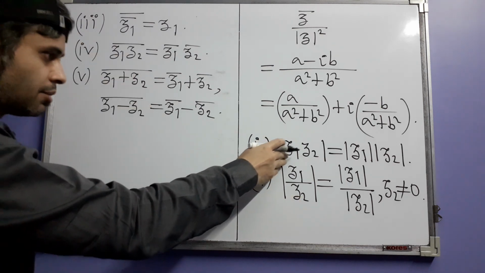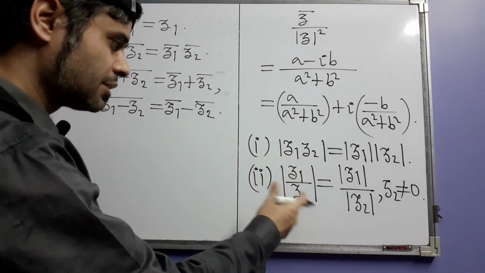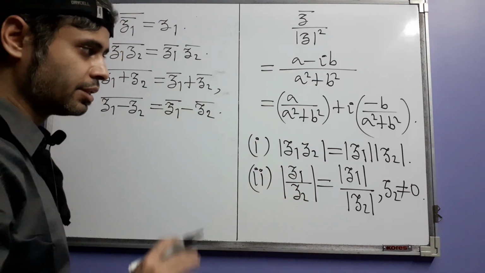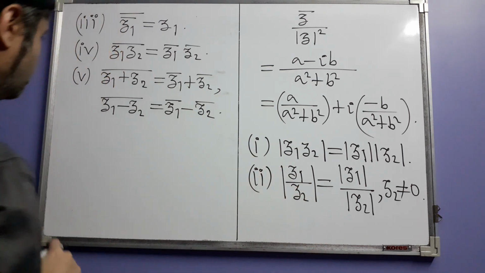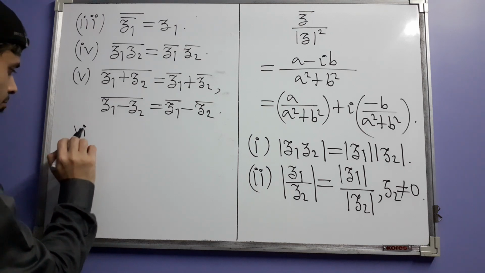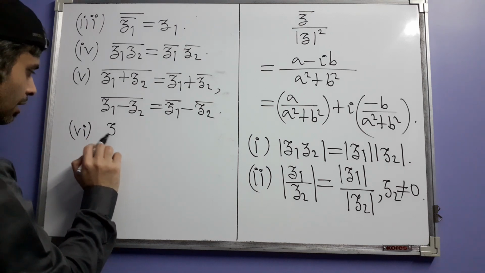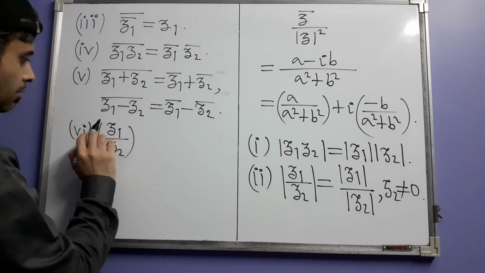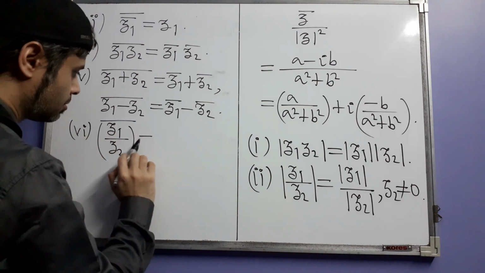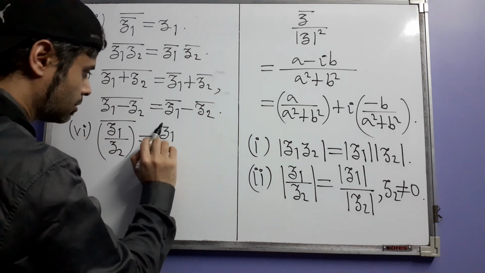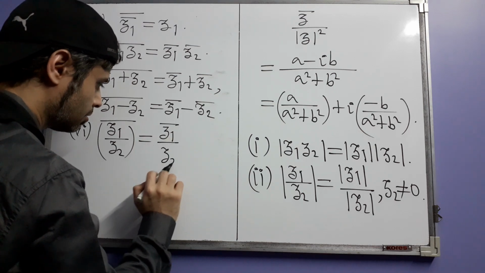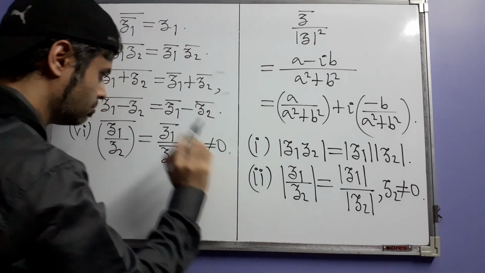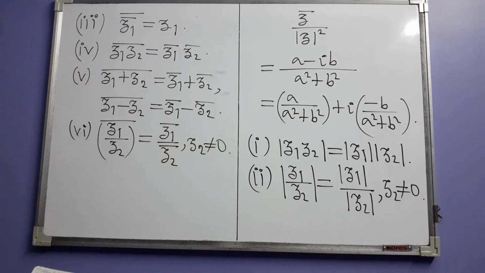Maybe the ones involving modulus will be somewhat complicated, but again I told you that if you do not get them, then write in the comment section below. And finally, the complex conjugate of this ratio is equal to the ratio of the complex conjugates, provided that Z2 is not equal to 0.